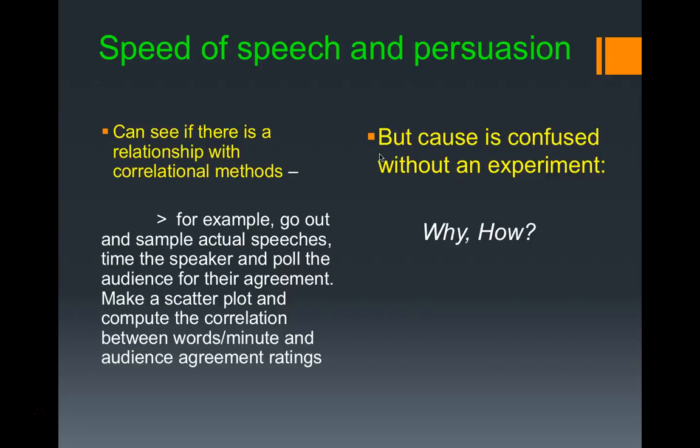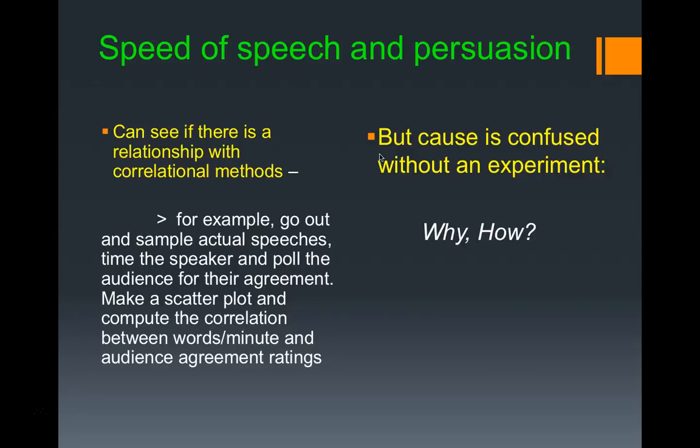But it could be just the other way around, right? We might have audiences that were favorable toward the speech, and they conveyed their agreement, and that compelled the speaker to relax and hence speak a little bit faster. So it could be that the audience agreement in this hypothetical correlational study was the cause of the rate of speech.